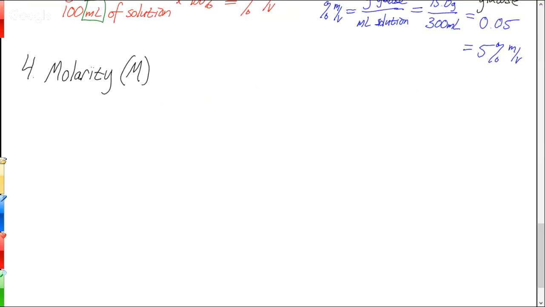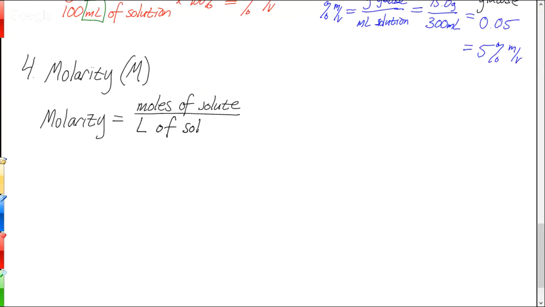If you want to count how many actual ions or molecules or whatever are in your solution, those last three measurements don't really help you much. But molarity does. Molarity is defined as moles of solute divided by liters of solution.